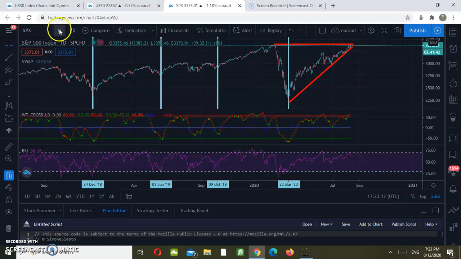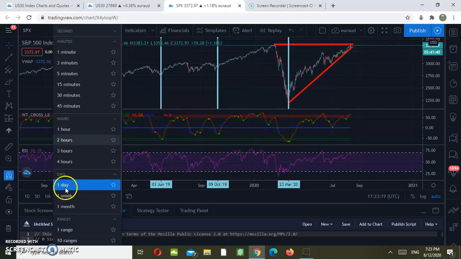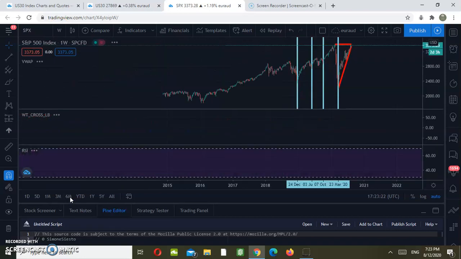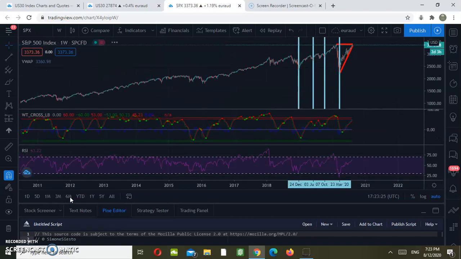Okay, now let's move on and switch to the weekly chart. Again, in terms of relative strength, it's clear that the Dow Jones Industrial has a relative strength lower than the S&P 500. Yes, I do believe the S&P 500 is close to the end of its movement up.